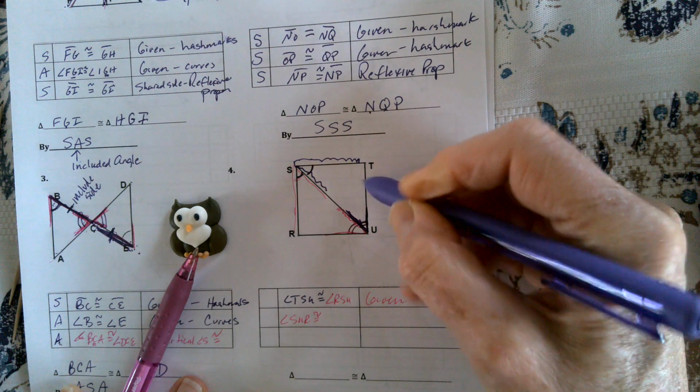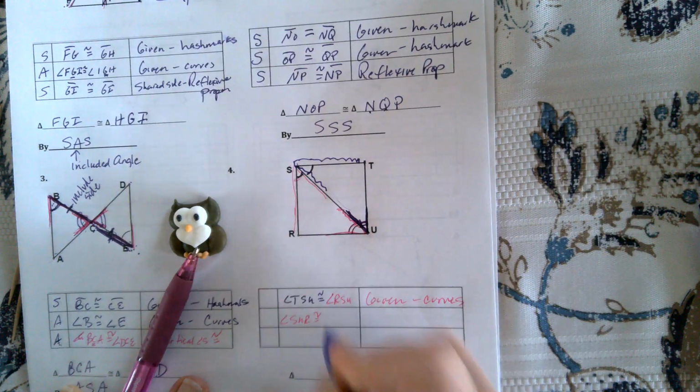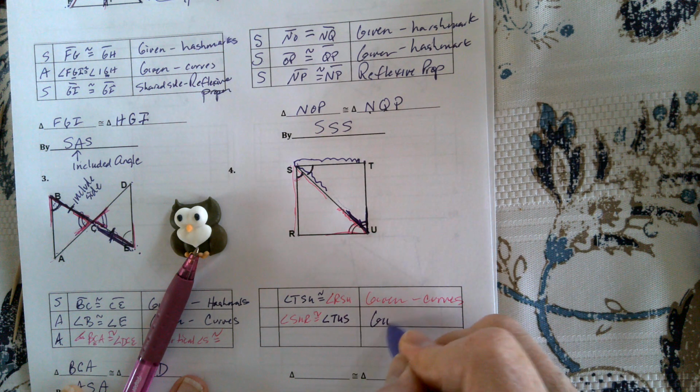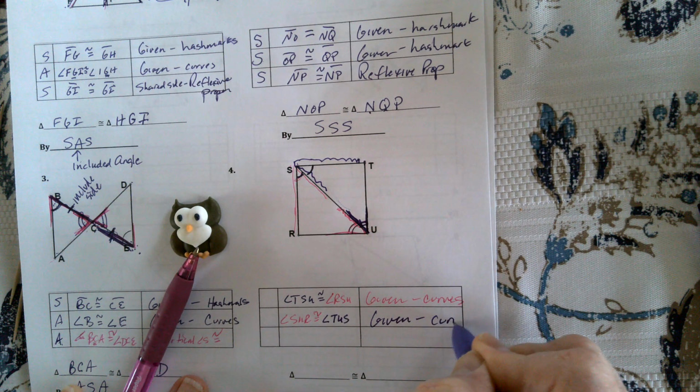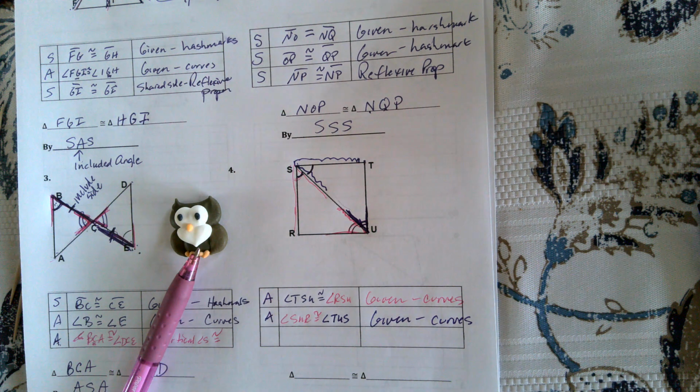So in this one, I'm going from T to U to S. And again, given, and I've got the curves on the diagram. So it gives me a pair of angles, two pairs of angles so far.